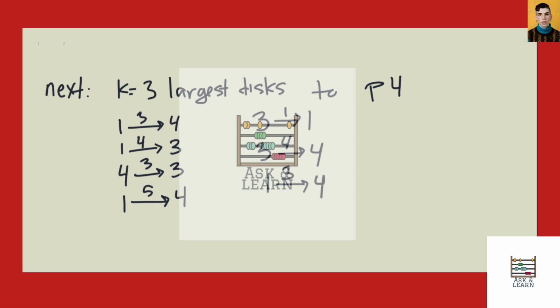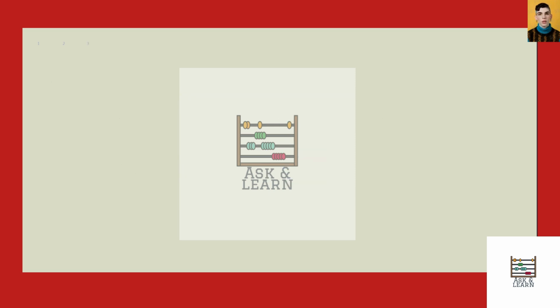So at this point, we would have on our last peg our 3 largest, and on our second peg, our 2 smallest disks. Okay, and so finally, we want to move our smallest 2 disks to peg 4.